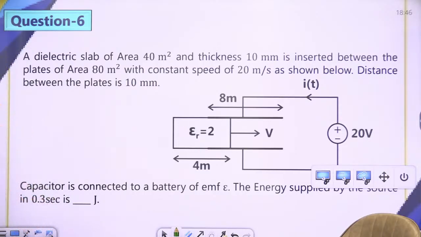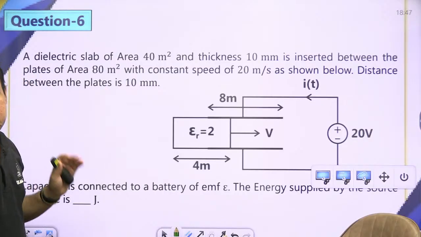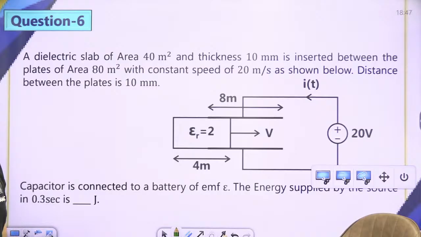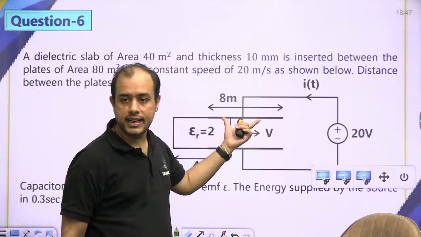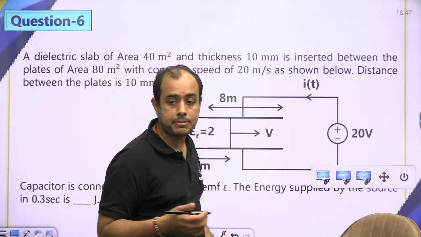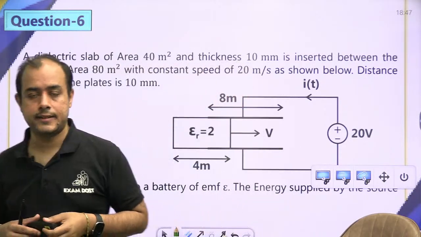Okay. So in 0.3 second, how much will it travel? It will travel 6 meter. How much will it travel, son? It will travel 6 meter. The width of the plate is 8 meter. The area is 80 meter square. It means the depth will be how much? The depth will be 10.